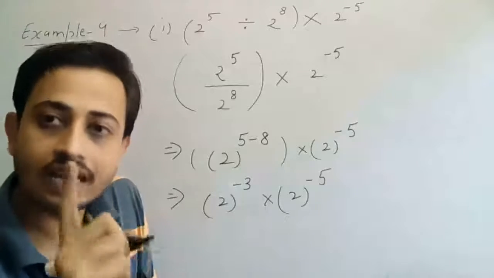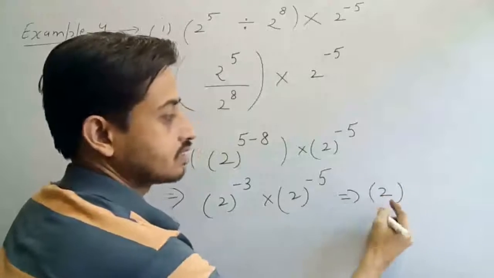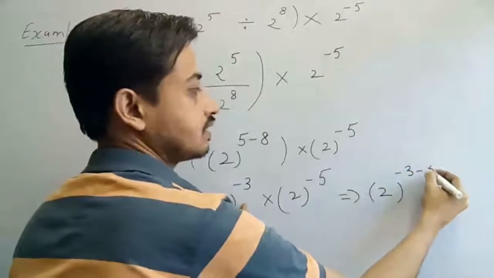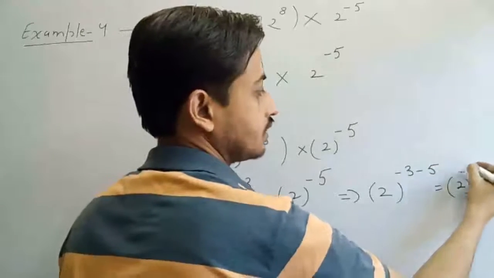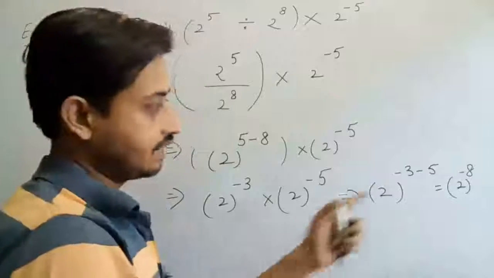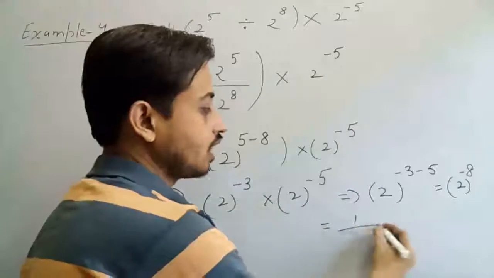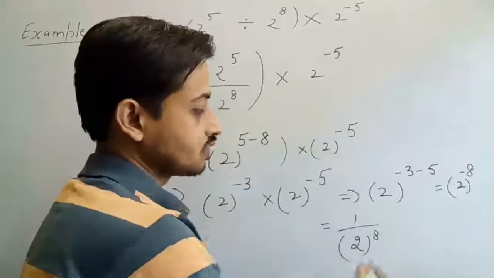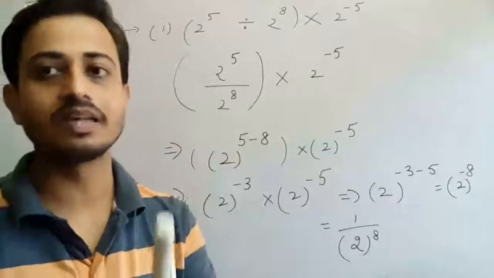Powers will be added. So we get the exponent remains the same and the power will be added: minus 3 minus 5. So we get 2 raised to the power minus 8, and make it a positive power. So we have to move it into the denominator. So we get 1 upon 2 raised to the power 8. This is the final answer. Please make a note.